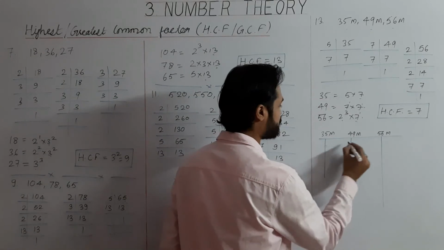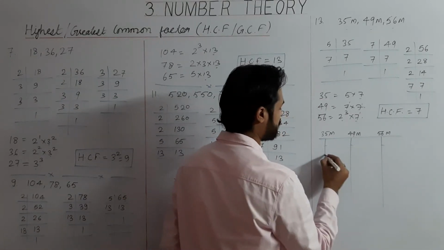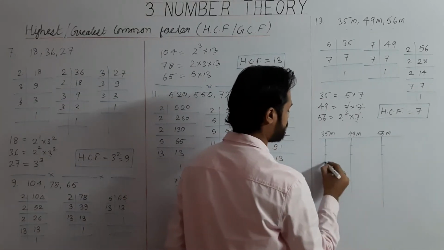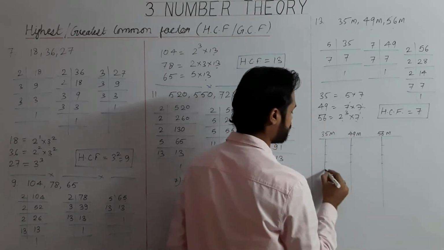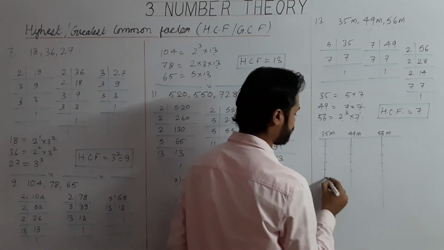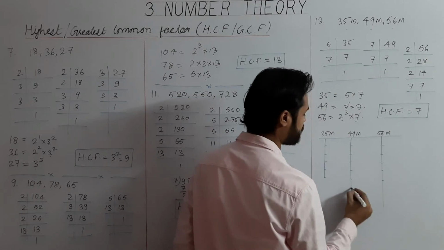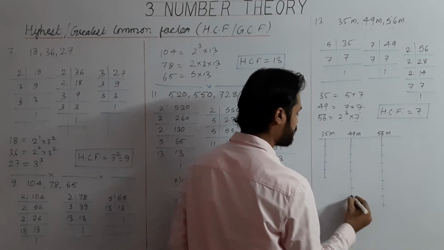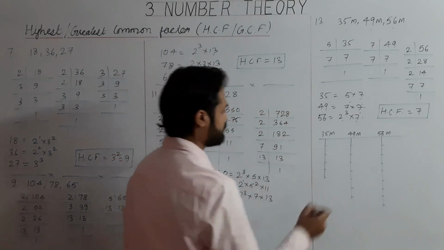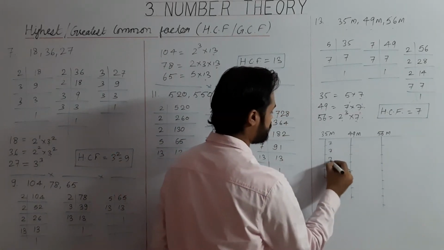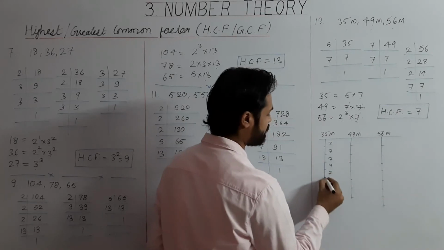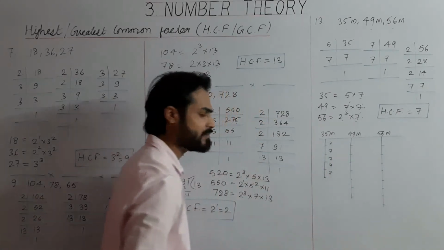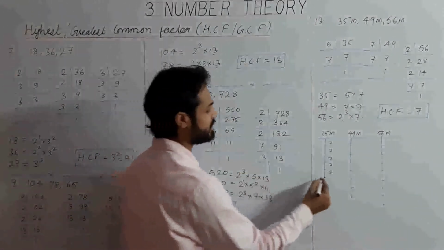So 7, again 7, 7, 7, 7, 7, 7, and 7. Counting 1, 2, 3, 4, 5: 7 plus 7 plus 7 plus 7 plus 7, or 7 into 5, is 35.